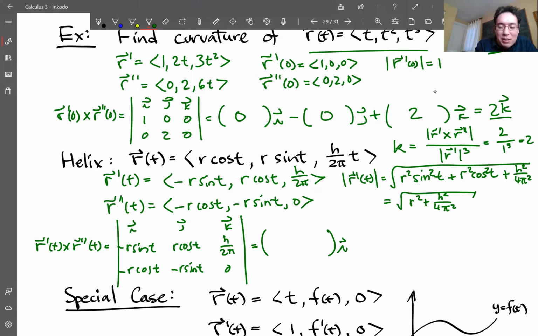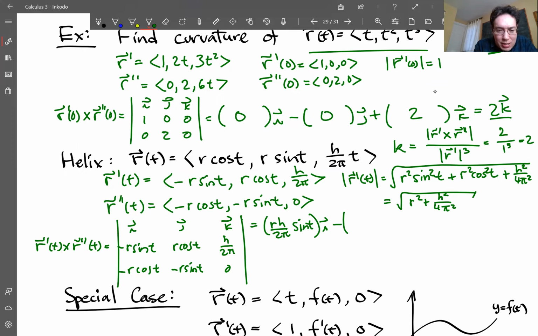For the ith component, actually, let me move this up. For the ith component, we'll get 0 minus this thing. So it'll be positive RH over 2 pi sine t. Okay. For the jth component, I get 0 minus this thing.